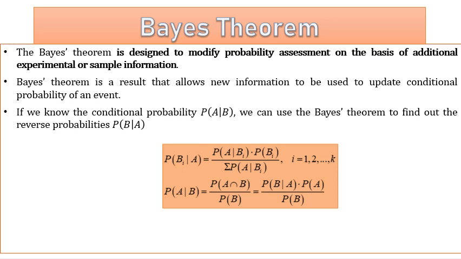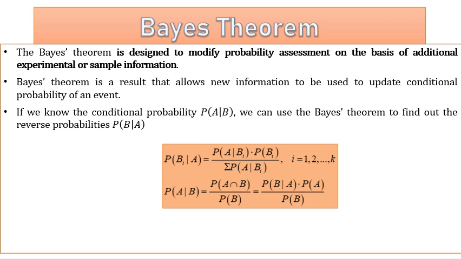From here, from the probability of A given B, we find the probability of B given A, the reverse of A given B. For the formula of Bayes' theorem, the probability of Bi given A equals P(A given Bi) times P(Bi) over the summation of P(A given Bi) times P(Bi), where i is 1, 2, and so on.